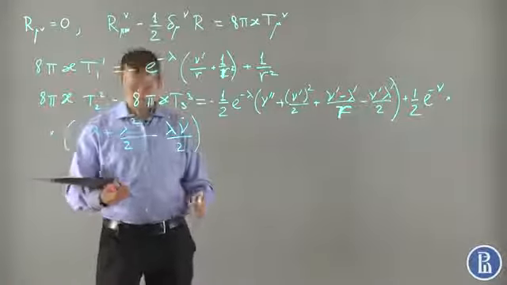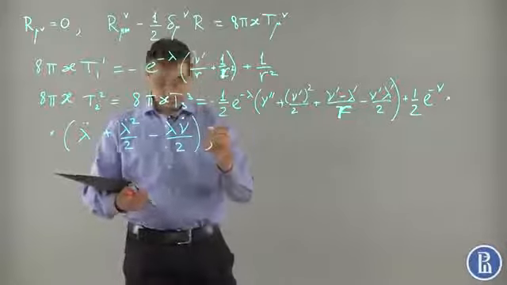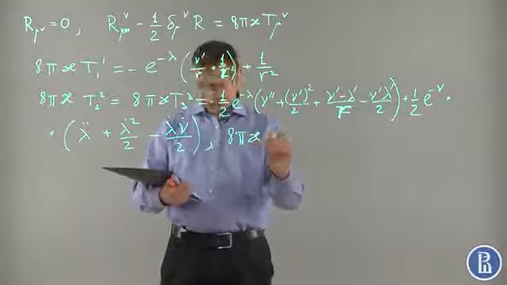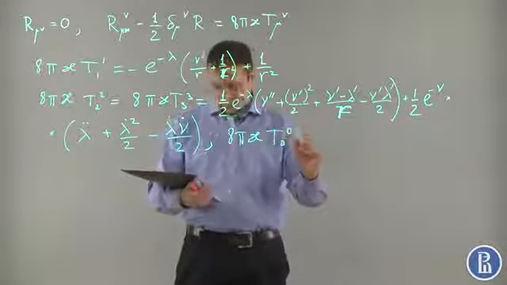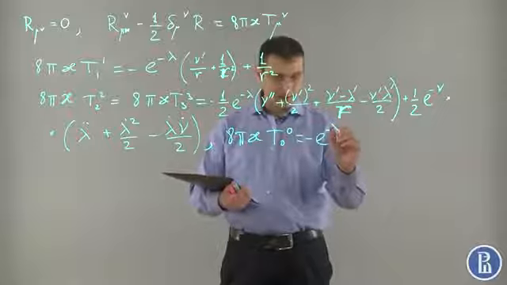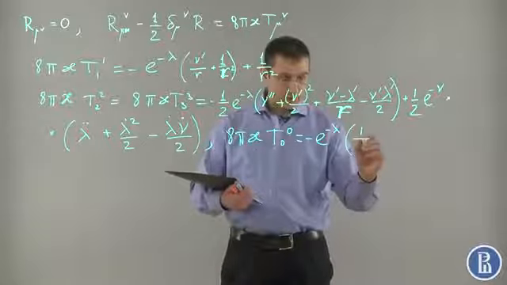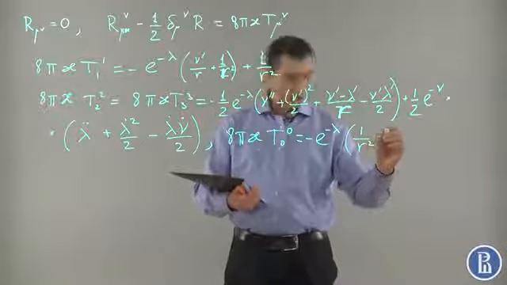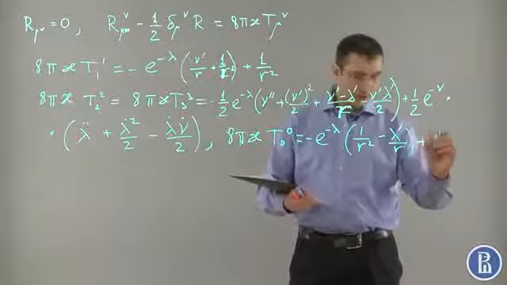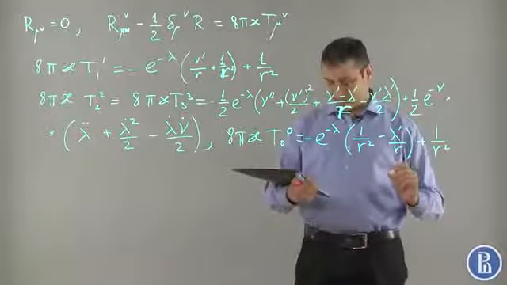And a few more equations. Then we have the equation 8 pi kappa T00 equals minus exponent of minus lambda times 1 over r squared minus lambda prime over r plus 1 over r squared.